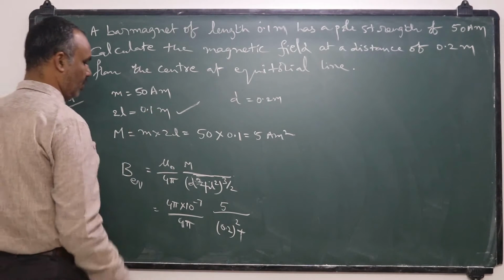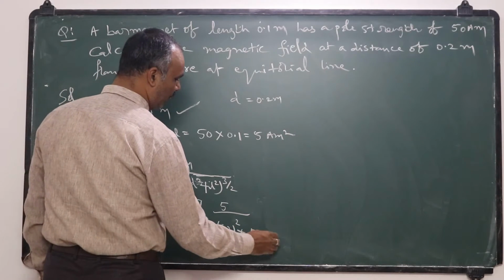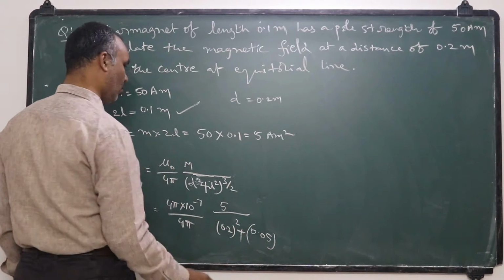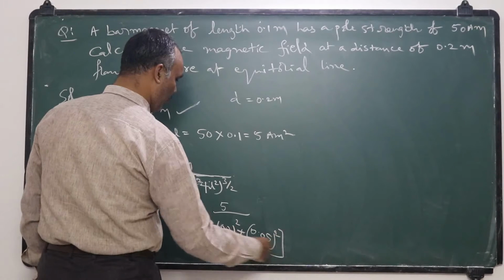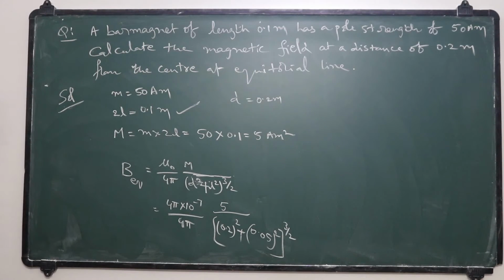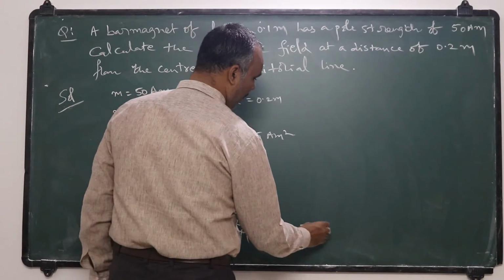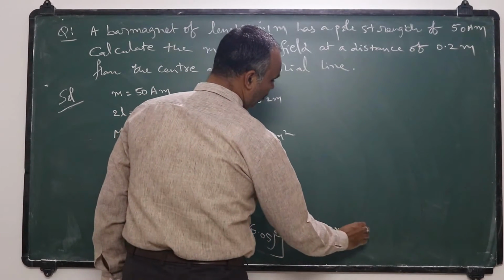Therefore, l is half of this, that is 0.05, whole square, whole power 3 by 2. Remaining is all simplification only. If you simplify this, you will get some 5.7 into 10 power minus 5 Tesla.